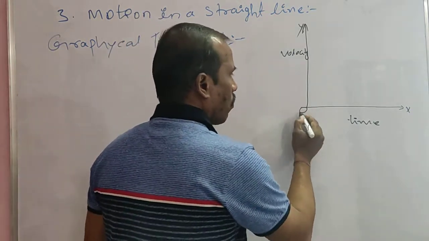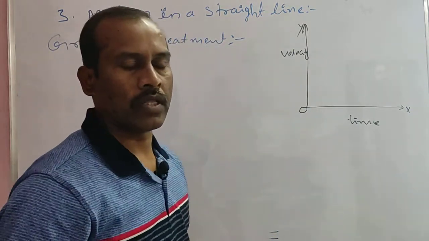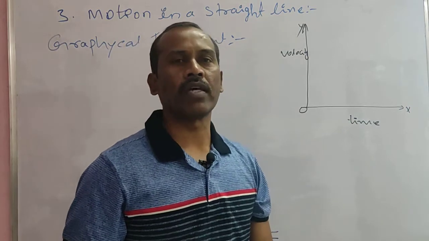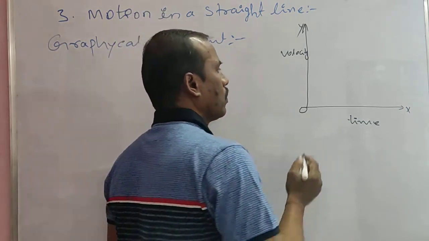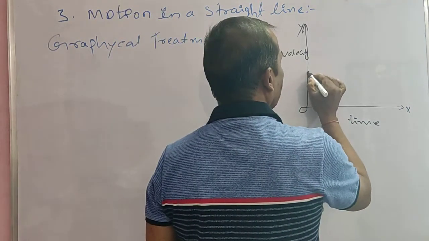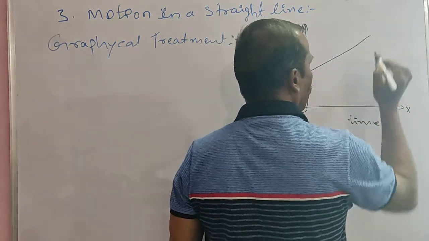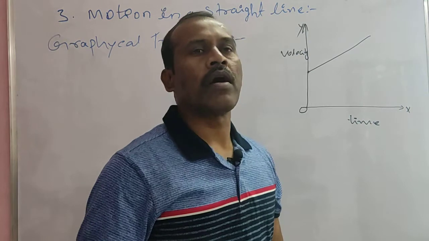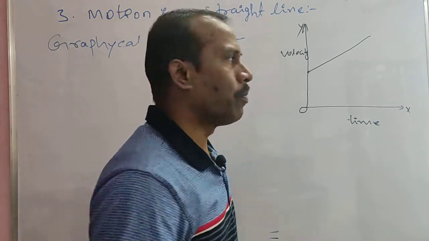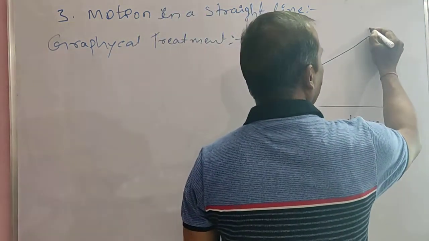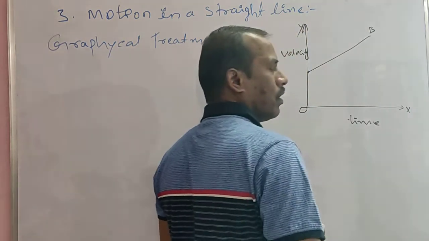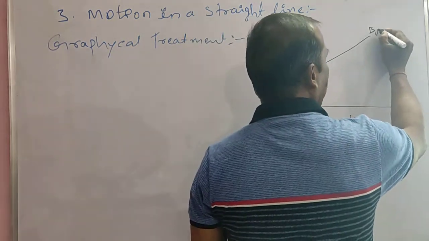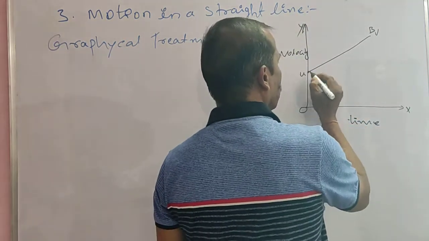O is the origin. The particle moves with initial velocity u, and after some time reaches the point b with final velocity v.